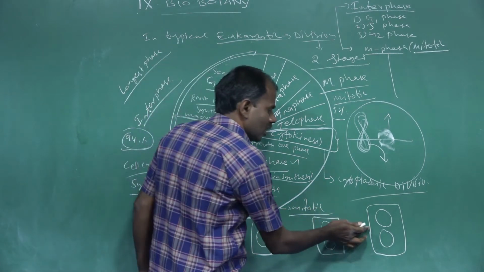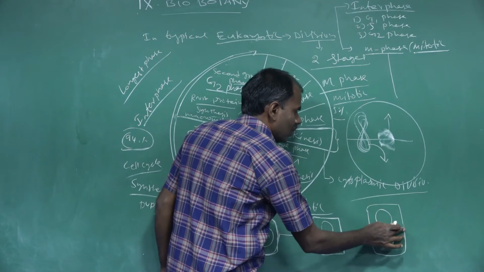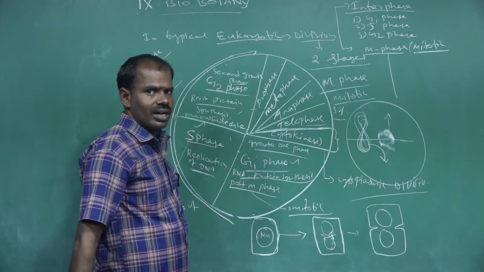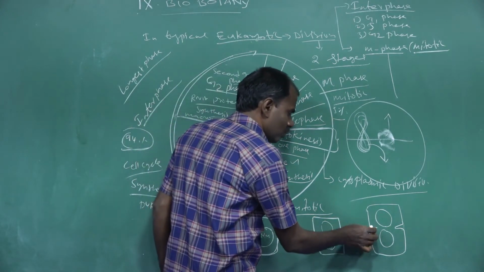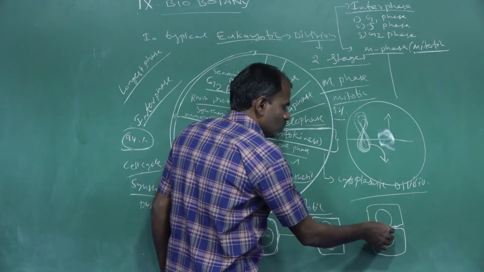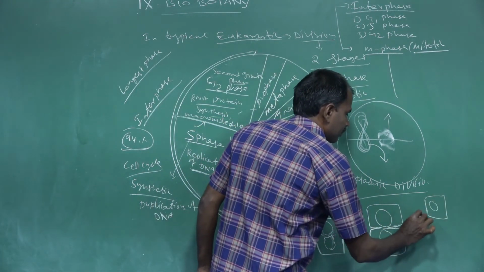After formation of the cytoplasmic divisions, these divisions elongate to form constrictions. These constrictions move towards the inside and join together to form two daughter cells.